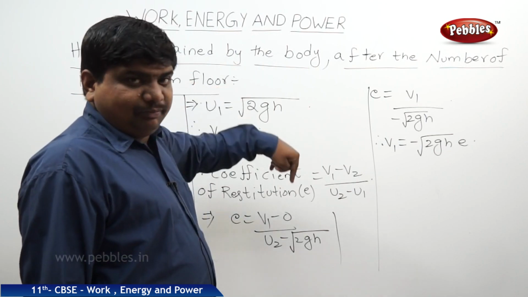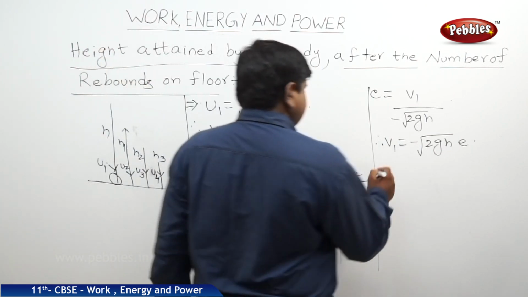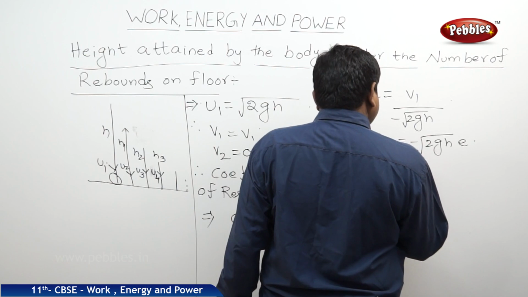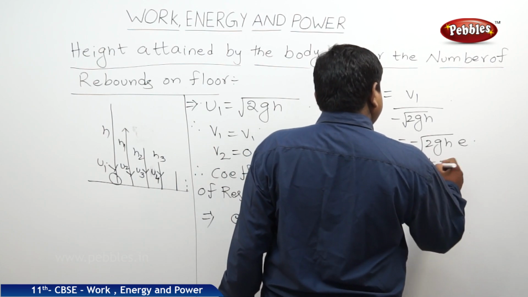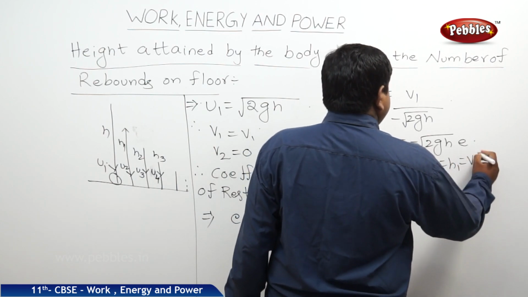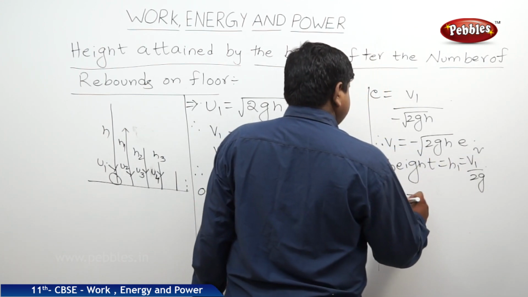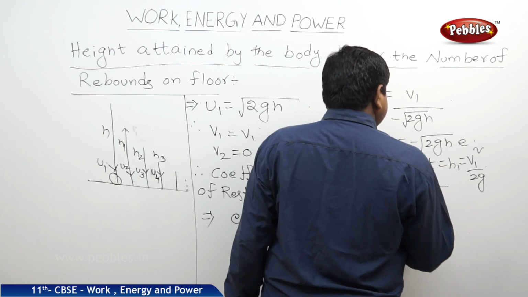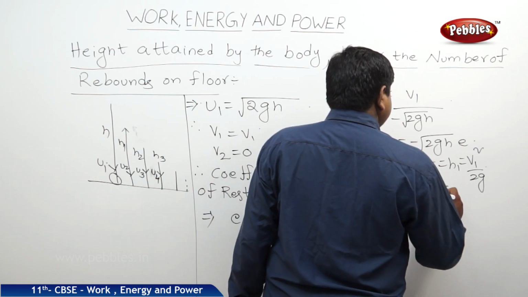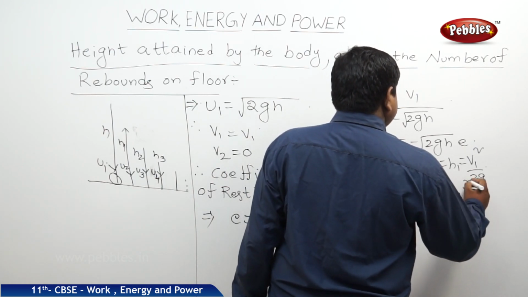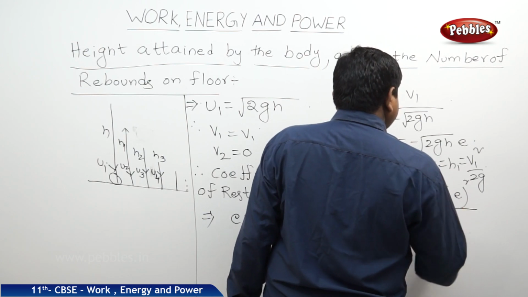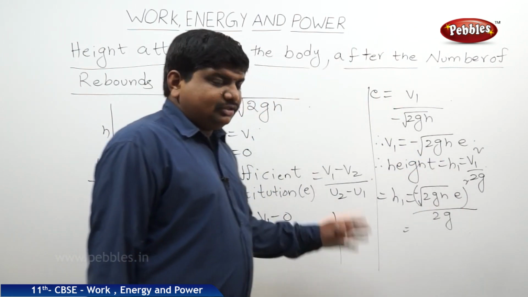The height attained by the body, in this case with this velocity, is h1 equal to v1 square by 2g. Therefore, h1 is equal to v1 square, which means minus of square root 2gh into e, whole square by 2g. Root 2g square by 2g get cancelled.